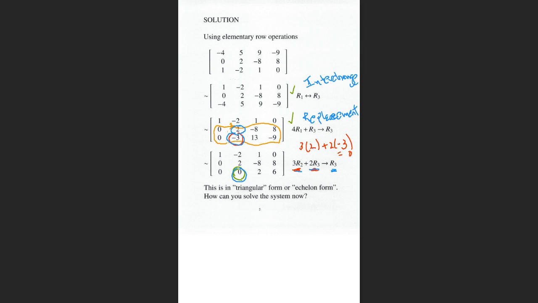Two replacements. And that gets us down to here. Okay, I'll give you a moment to look at that.